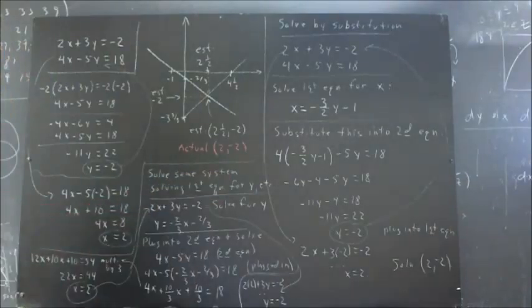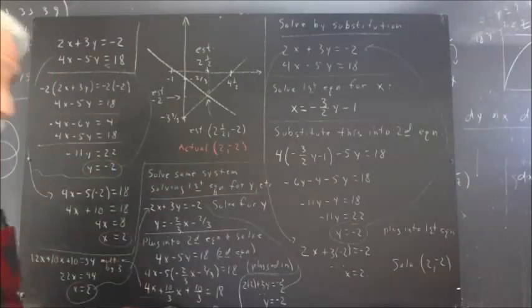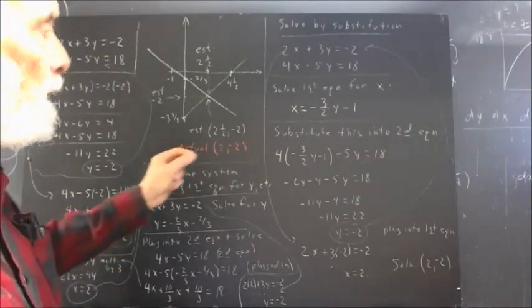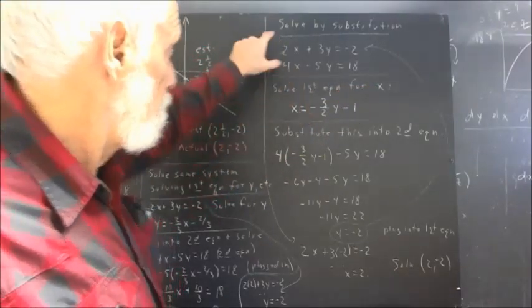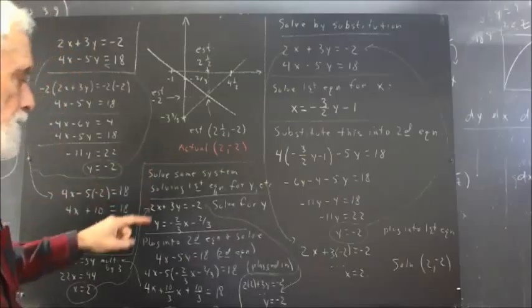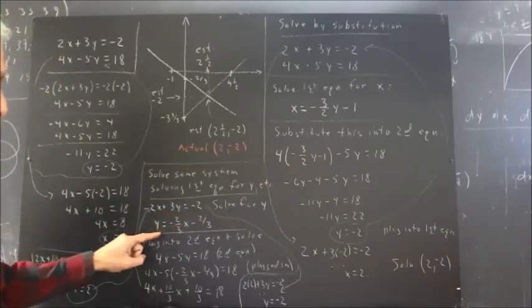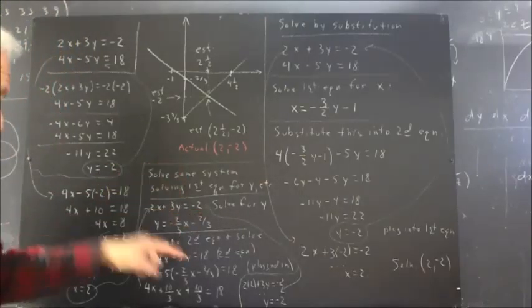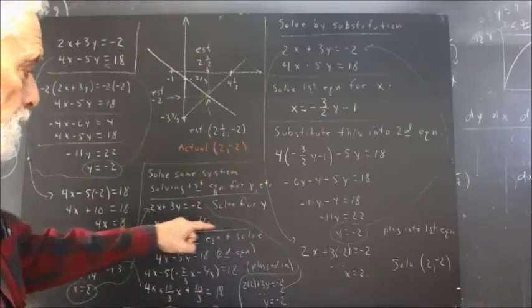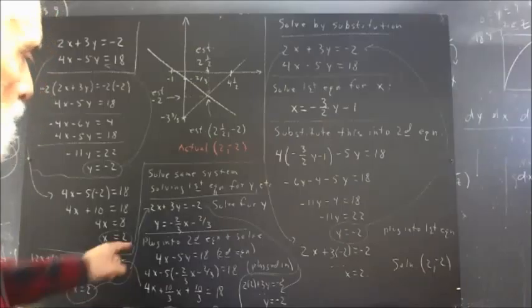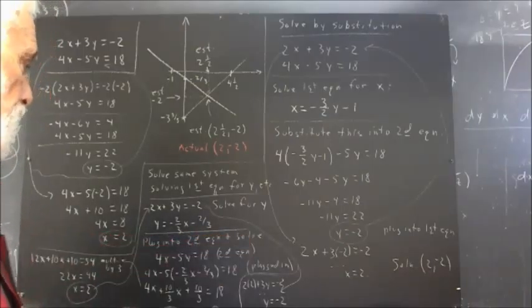We could do the same thing by substitution, but whereas we solved the first equation for x, we could start by solving the first equation for y. Here's the first equation. You can verify if we solve for y, we get y equals negative 2/3 x minus 2/3. So we plug that into the second equation and solve.